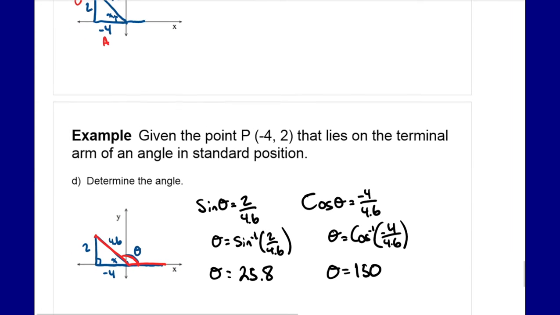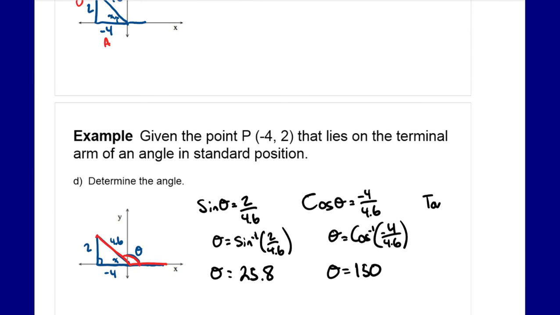Well, let's go through and check tan. So tan theta is opposite over adjacent, so 2 over negative 4. Inverse of tan, 2 over negative 4.